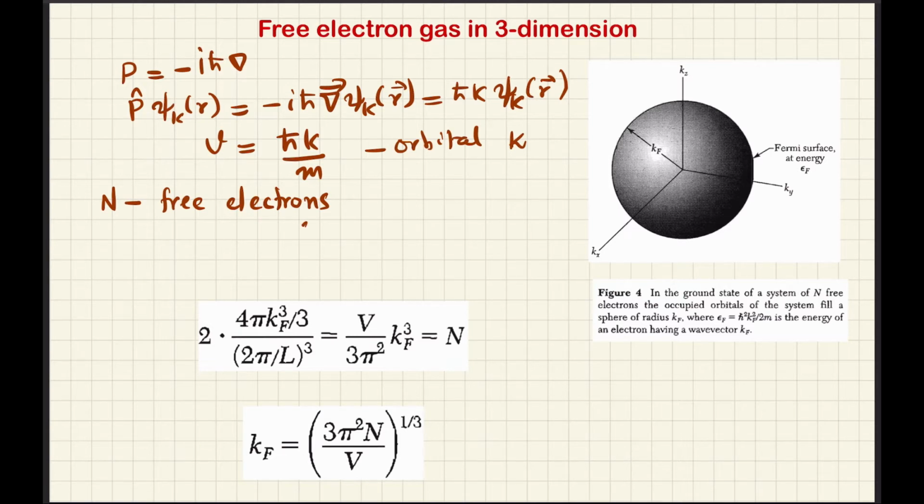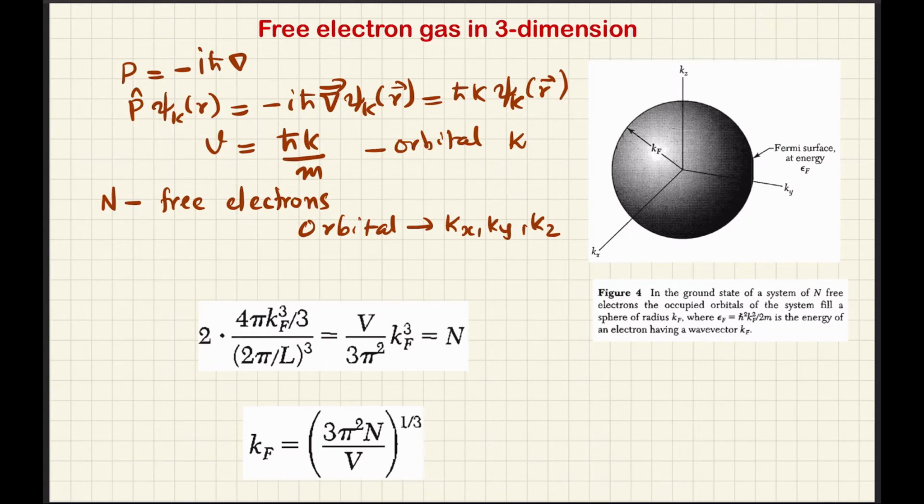An orbital is represented by the quantum numbers k x, k y and k z, because k has different values in the 3 directions. They are all quantized values. So the state, or the solution, or the orbital, is represented by the quantum numbers k x, k y and k z.